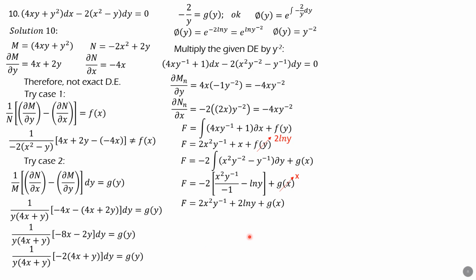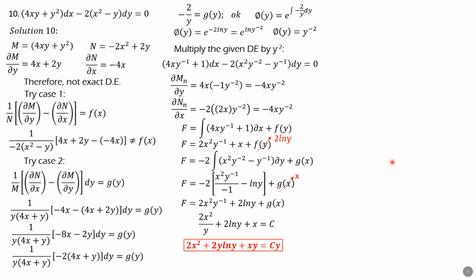Therefore, the solution is f equals constant, so 2x squared over y plus 2 ln y plus x equals constant. Or simplifying further, multiply everything by y: 2x squared plus 2y ln y plus xy equals cy. So this is the answer with an arbitrary constant.